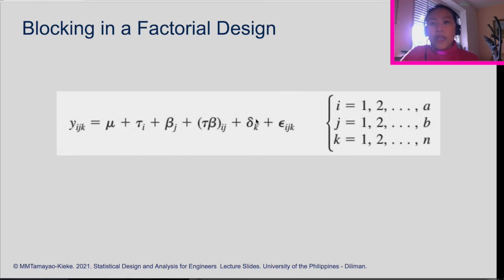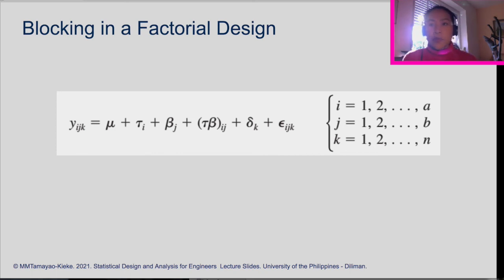Okay, so delta k represents the effect of the kth block. We run a single replicate of a complete factorial experiment in each block. And note that within each block, treatment combinations are still completely randomized, okay? And it is assumed that interactions between blocks and treatments are negligible, okay?